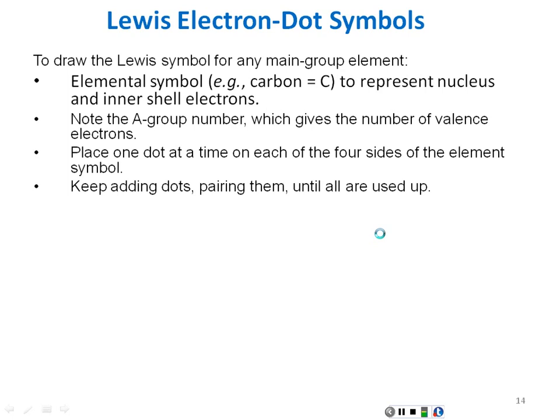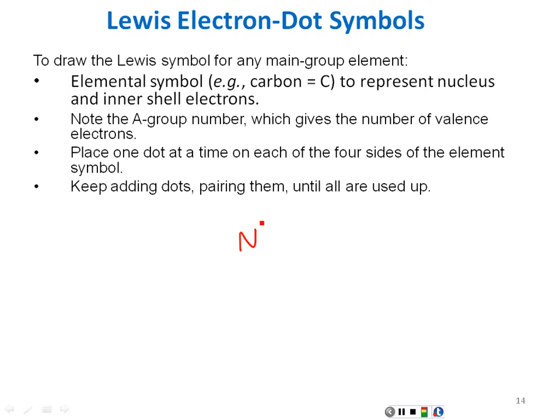So you place 1 dot at a time on each of the 4 sides of the element, and you keep adding these dots until all the electrons are used up. So if we wanted to do a Lewis dot symbol for nitrogen, we'd write N, which stands for nitrogen.